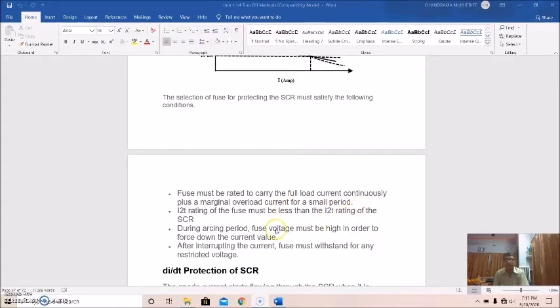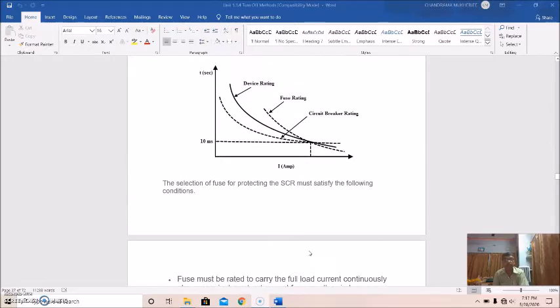The I²t rating of the fuse must be less than the I²t rating of the SCR, and during the arcing period, fuse voltage must be high in order to force down the current value. After interrupting the current, the fuse must withstand any restriking voltage.